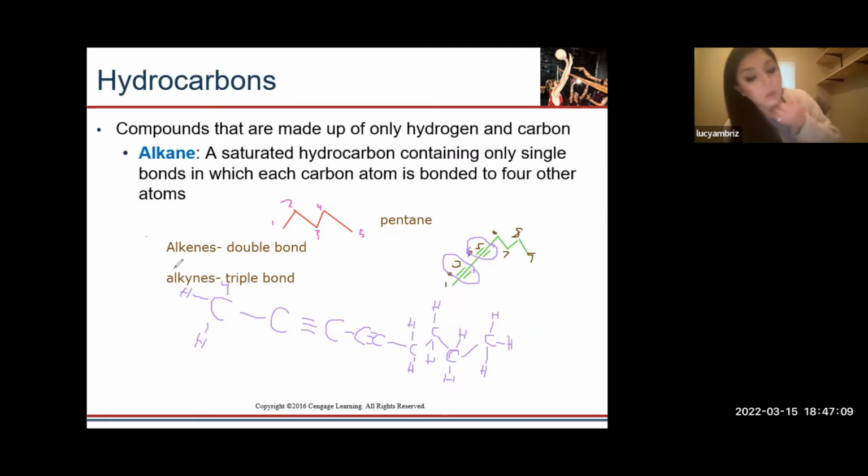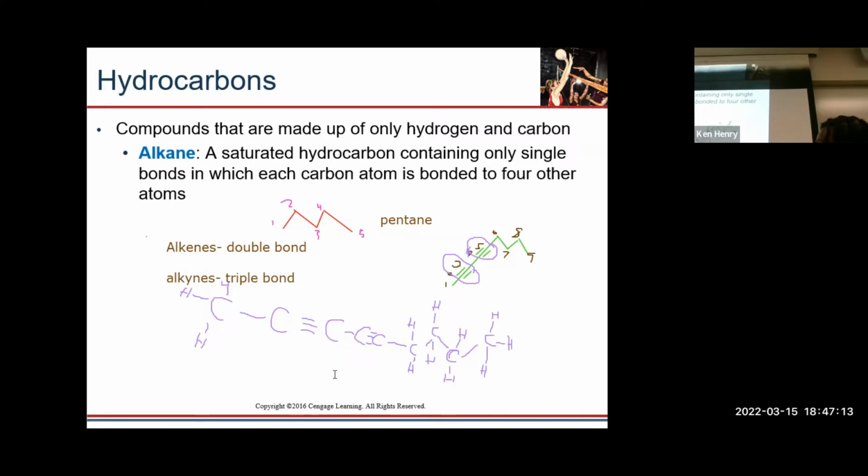Non. Okay, so we have nona, and we know that it has triple bonds, but there are 2 sets of triple bonds. How do I dictate that there are 2 sets of triple bonds? Okay, so I say where they're at. So we start on the 2nd carbon and we start on the 4th carbon. So it's 2, 4.